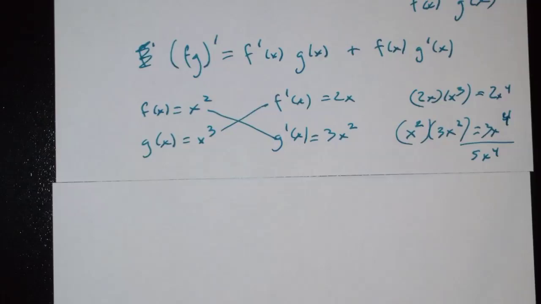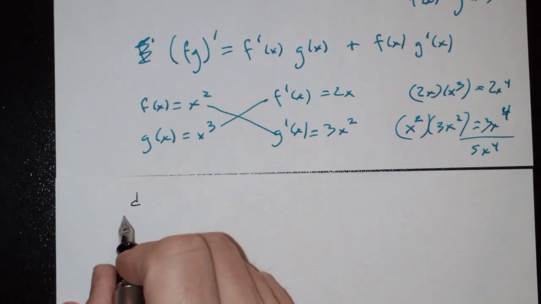So this mix and match, one from column A, one from column B, one at a time derivative, was originally written up by Gottfried Leibniz in Germany, and he wrote it in his differential notation.